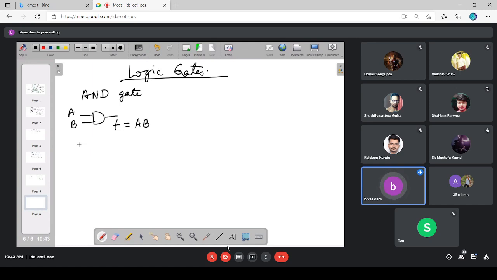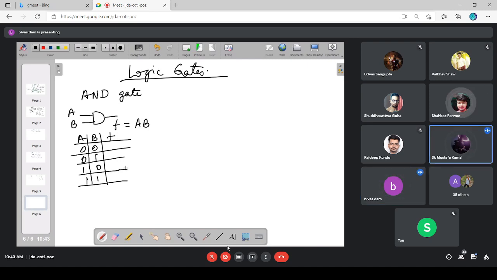And the truth table for one AND gate is like this. For the AND operation, for how many input combinations will the output be 1?